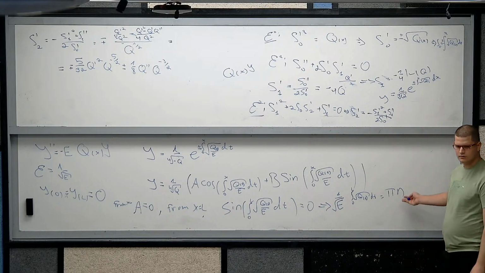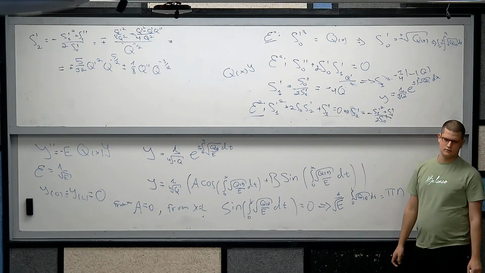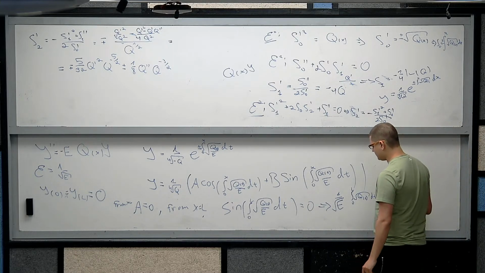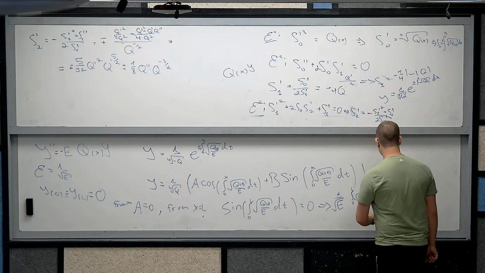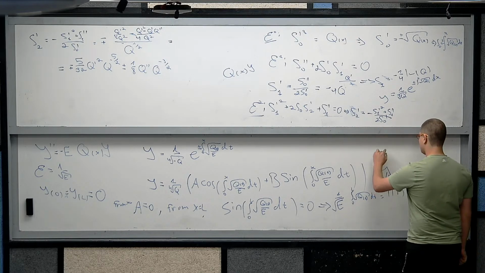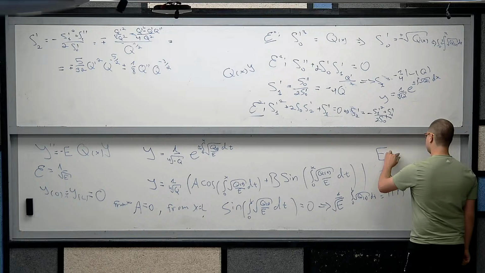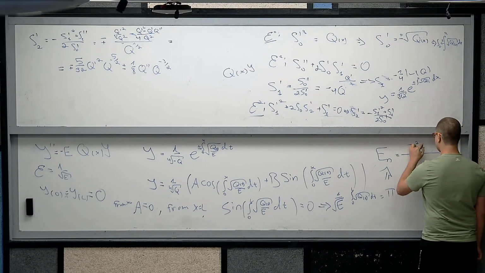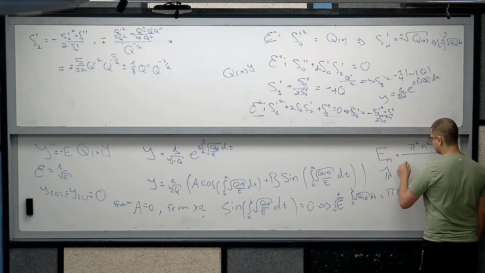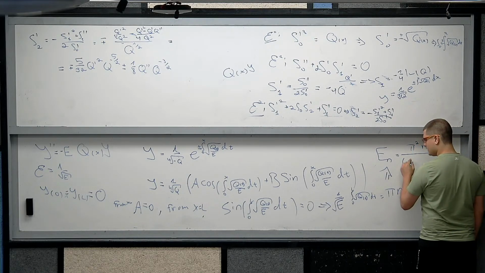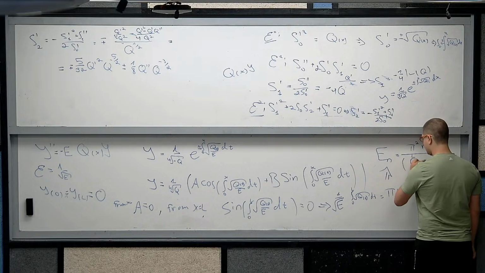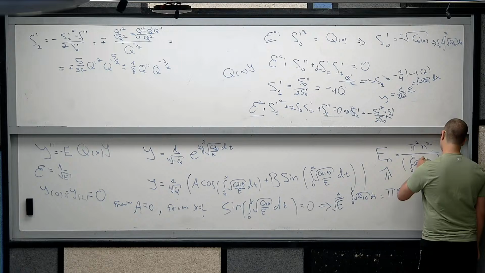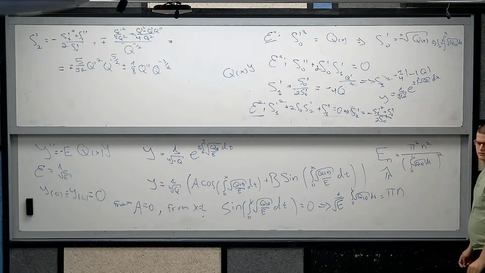There you go, that is the first approximation of the energies. By dividing and squaring everything, we get that E of n, the nth level, is approximately pi squared n squared divided by the integral from 0 to L of the square root of Q of t dt, everything squared.